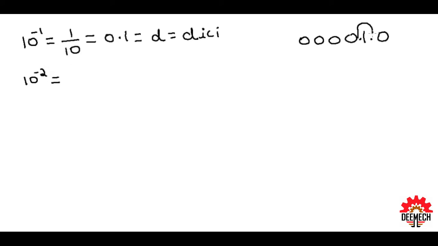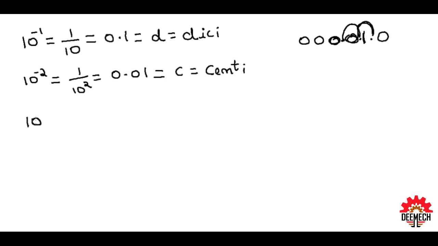Second one, 10 to the power of minus 2. Again from 1.0 I have to shift the decimal point 2 positions backward, that is 1, 2. Now this has become 0.01. That is 1 by 10 square, which is nothing but 0.01. It is denoted by small c, that is centi.